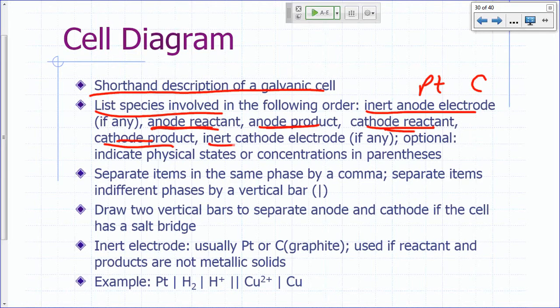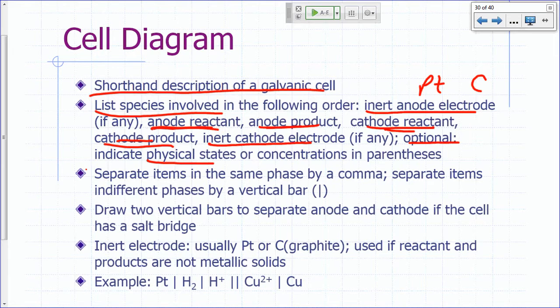And then if you have an inert electrode in your cathode, if your reaction in the cathode doesn't involve a metallic solid, then you have to put an electrical conductor there to complete the circuit. And if you want to provide a little more detail, you can specify the physical states or the concentrations of your reactants and products in parentheses, including the inert electrode.